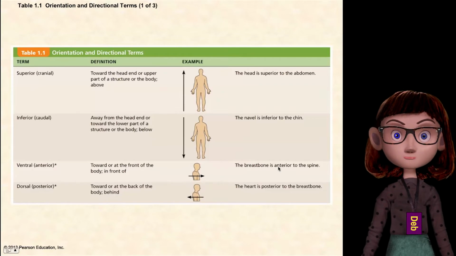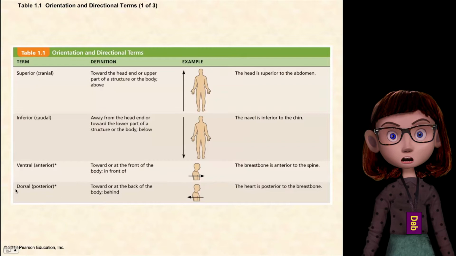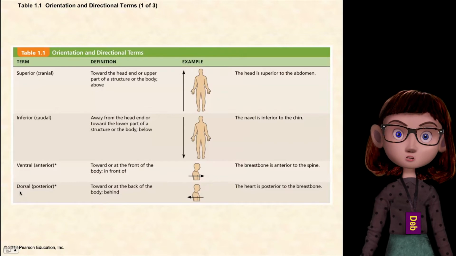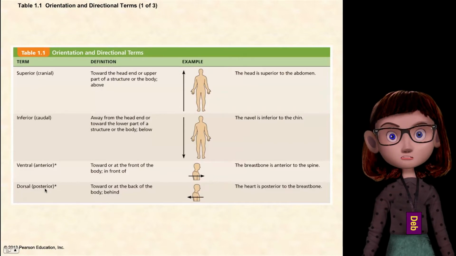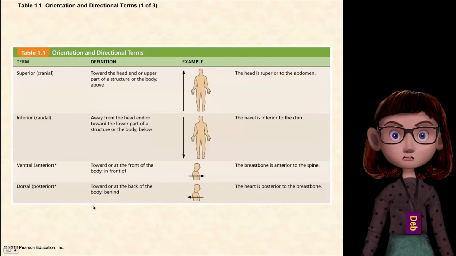Example, the breastbone, or the sternum, is anterior to the spine. Dorsal, this is posterior on us, but dorsal literally means toward the backbone, and again, it's often more useful for four-legged animals. This is toward the back, toward or at the back of the body or behind. Example, the heart is posterior to the breastbone.